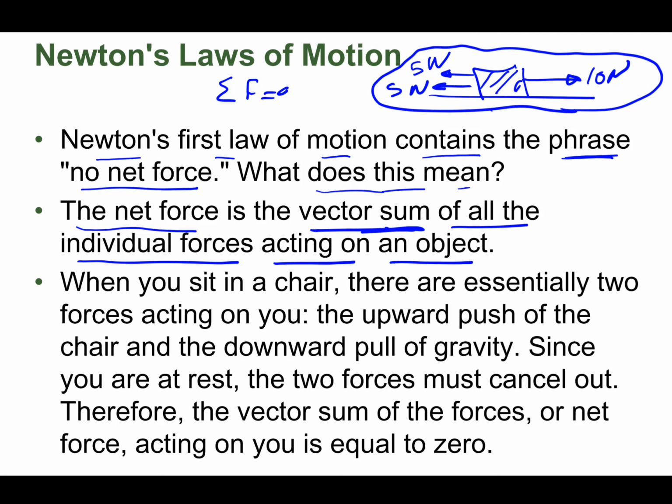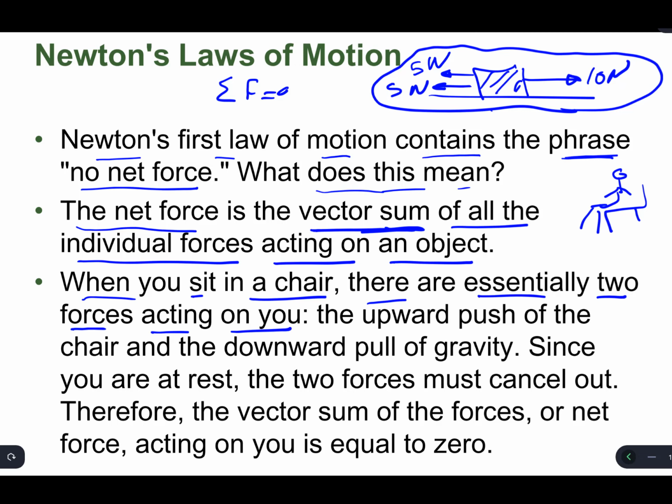Another example, when you sit on a chair, there are essentially two forces acting on you. Imagine that you have a chair and you are sitting on the chair. There is the force of weight downward, right? Your weight.